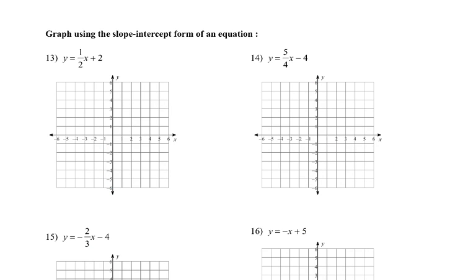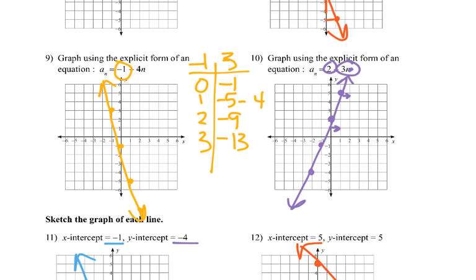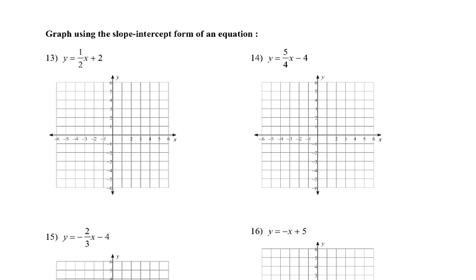All right, now we're just taking this explicit form further to what we call our slope-intercept form. Slope being our growth, and y-intercept being our starting point. Okay. Now notice, instead of a sub n, we have y, which really doesn't make a difference.